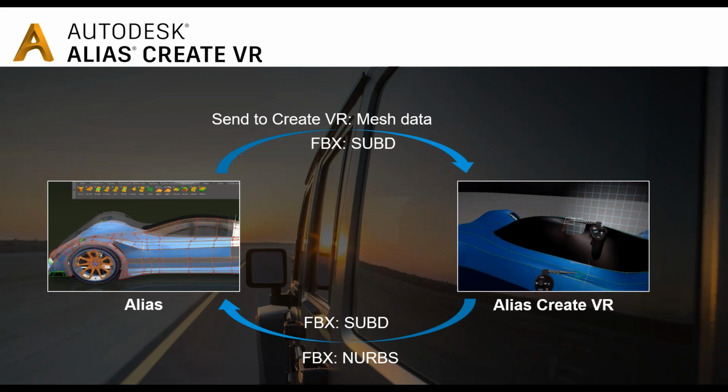And when we do that, it's sent as mesh data. So regardless of whether you have a mesh file, a NURBS model, or a subD model, those will all be converted over as mesh data. The reason we do that is because Create VR doesn't recognize trimmed NURBS. If you bring a trimmed NURBS into Create VR, it will untrim it, and that can be disastrous if you are familiar with the number of trimmed NURBS that tend to be in some of our data sets.